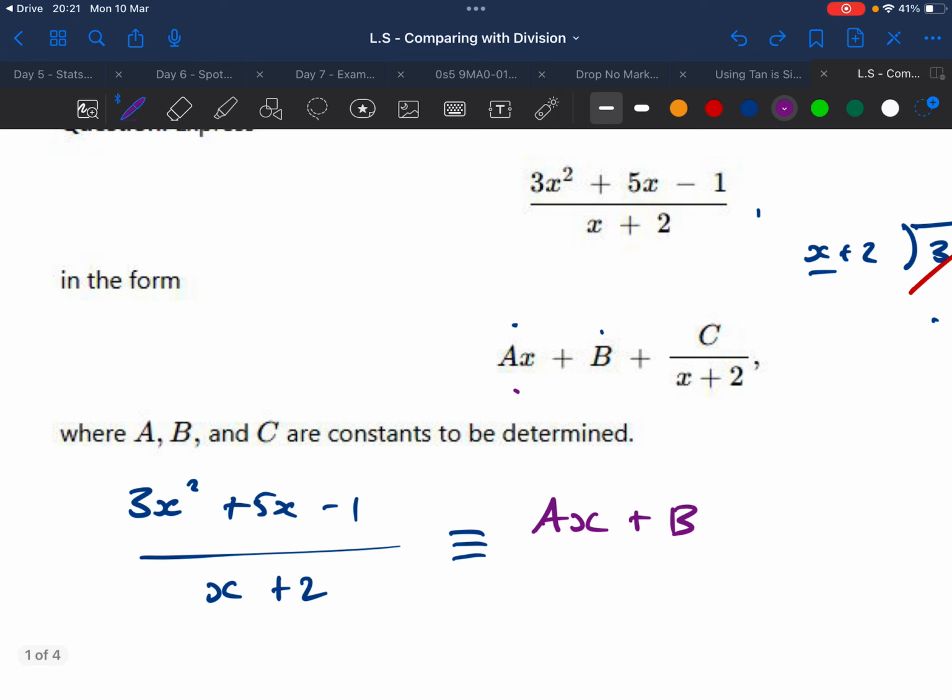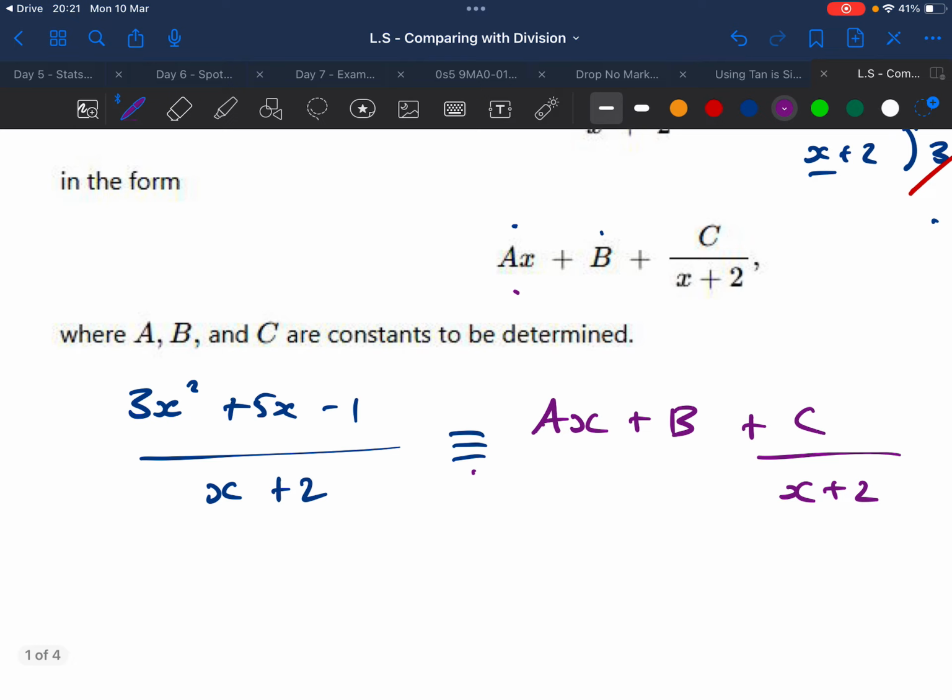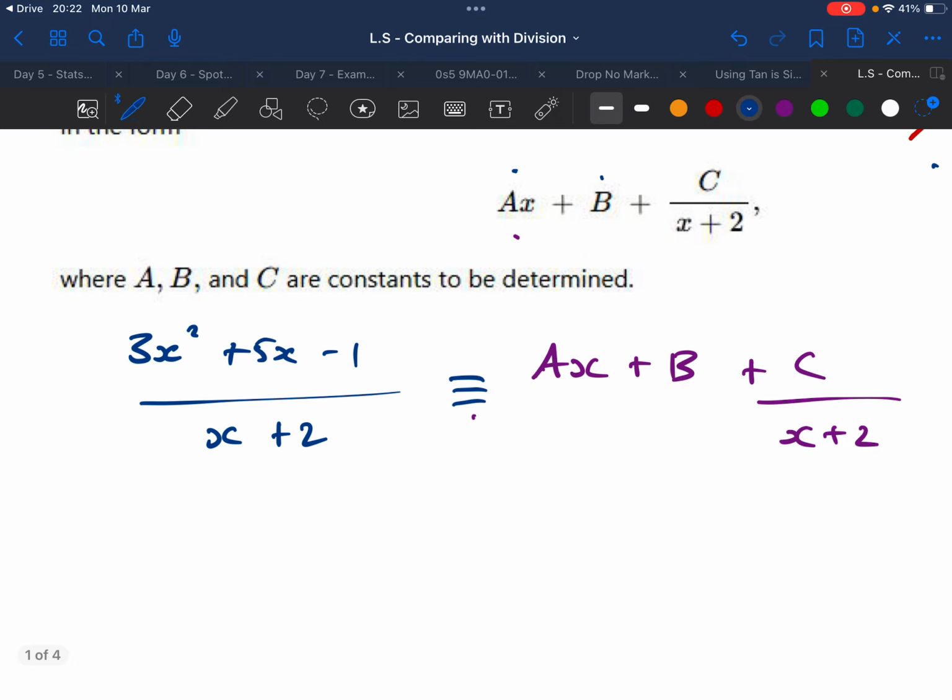However, if we carry on with this, the trick that we're going to do is use the fact that this is an identity symbol, which means this relationship is always true, to avoid having to do this. So 3x squared plus 5x minus 1 over x plus 2.